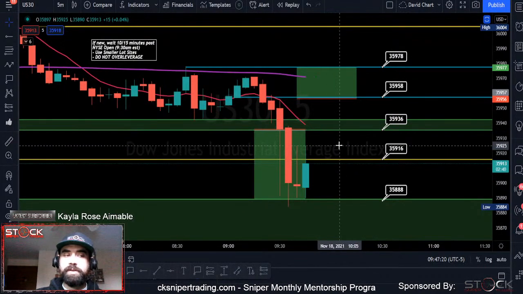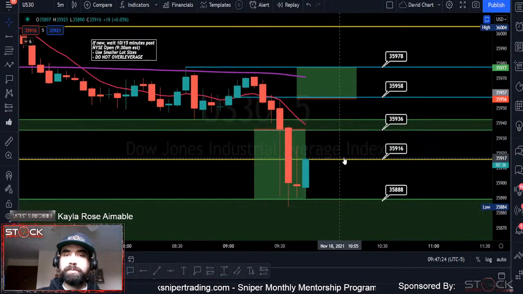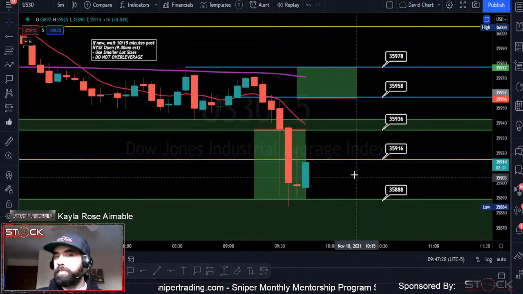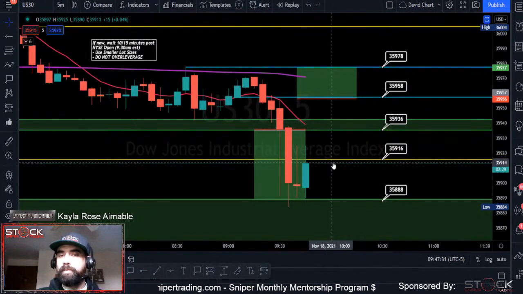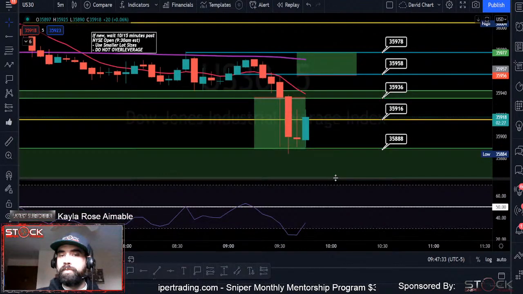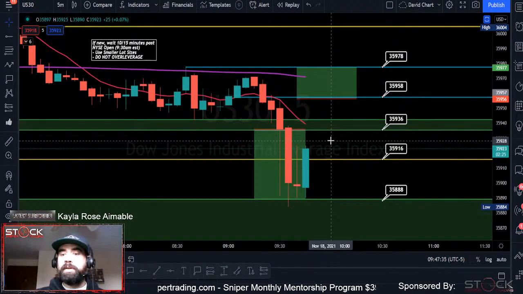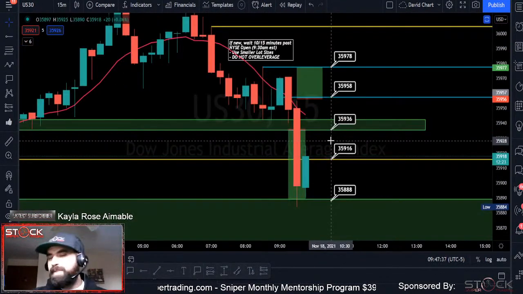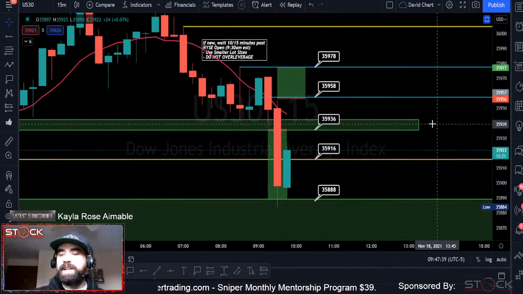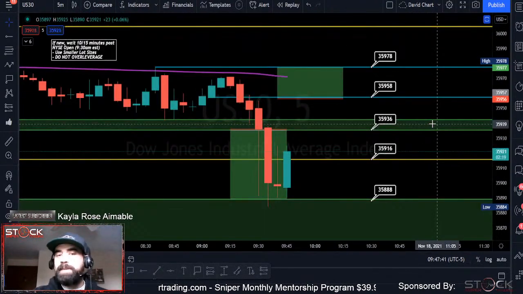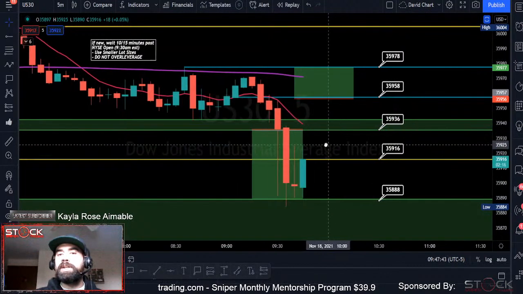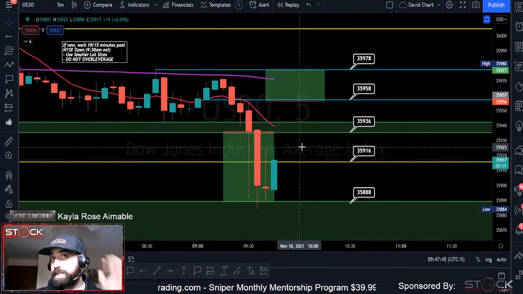As of right now in US 30, it's starting to pull back. Okay, 2 minutes here. Dipping there. I love how Nasdaq moves too, guys. I really like Nasdaq as well, but we haven't had many US 30 moments this week, so I wanted to see what's going to happen.